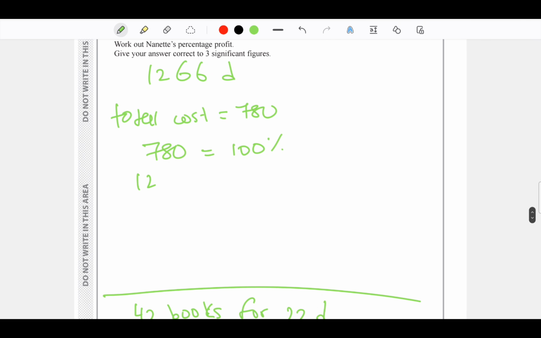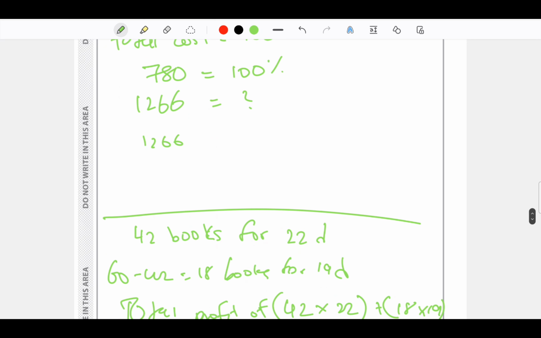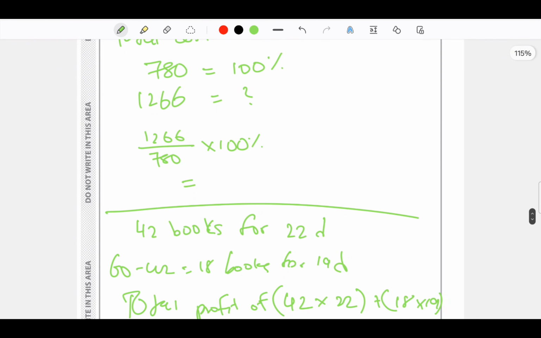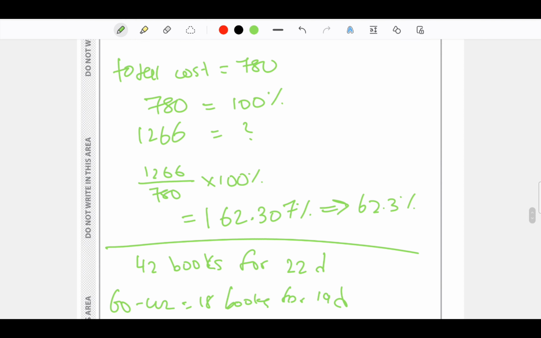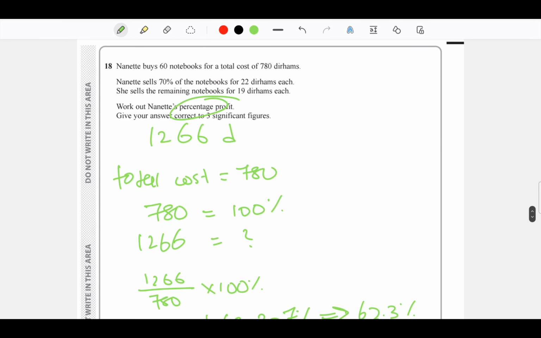What does 1266 dirhams equal to? 1266 divided by 780 times 100% gives us 162.307%, which means she made an additional 62.3% profit. Percentage profit, yes.